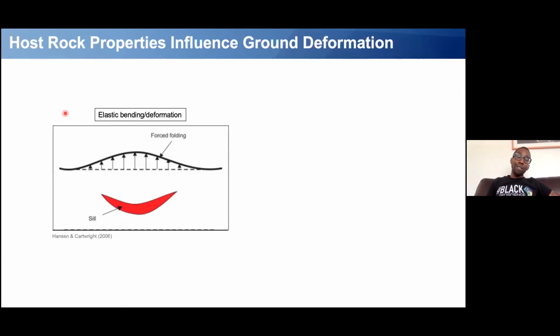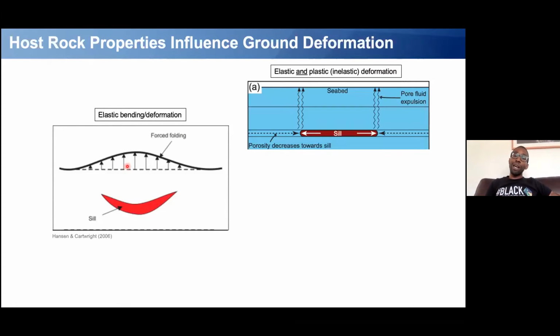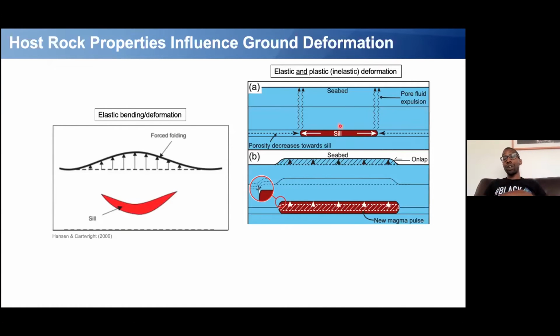But because we're seeing this mismatch, maybe we have a model whereby the sill is in place, but actually what we have is considerable host rock deformation. So we expel pore fluids, we have pore collapse, we have a porosity decrease overall, not just in a contact metamorphic zone, but maybe over a slightly broader area, meaning that as the sill starts to inflate and widen, as you see here, we do get some uplift of the free surface, but not the same amount of uplift as you'd imagine for the amount of magma that was being emplaced at the same time.